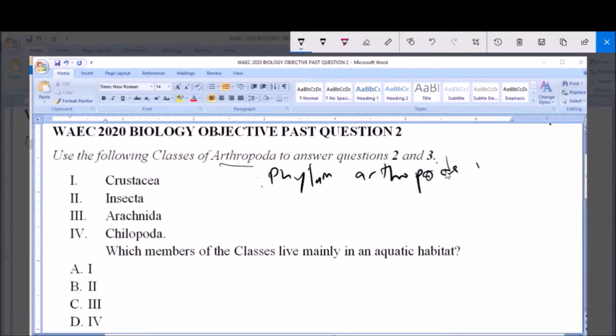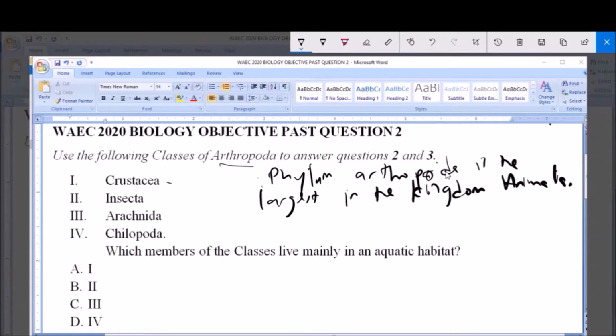So the phylum Arthropoda is the largest in the kingdom Animalia. Now it has 4 classes which you have listed here.